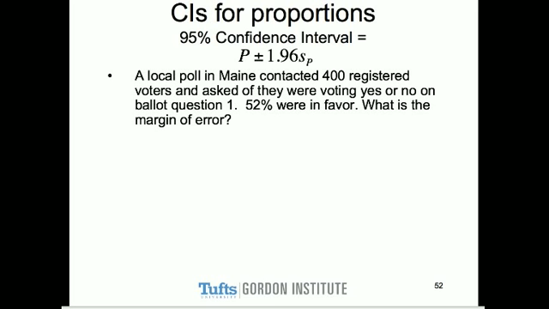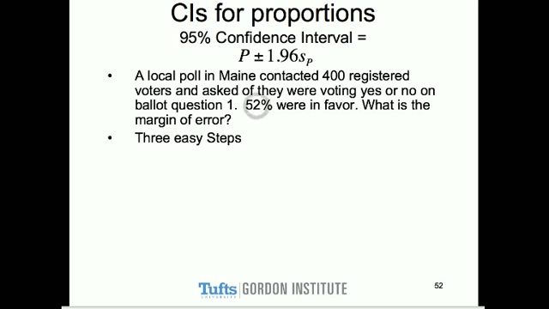So a local poll in Maine contacted 400 registered voters and asked if they were voting yes or no on ballot question 1. 52% said yes, they were in favor of ballot question 1 and were going to vote yes on that. So what is the margin of error for this? Now, what we want to do is, 3 steps, all right? We already know what P is.